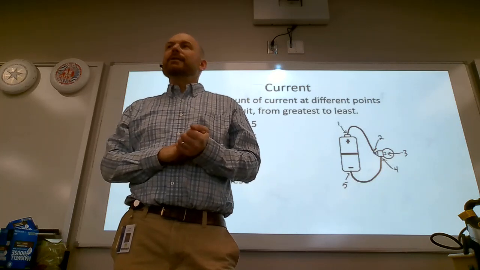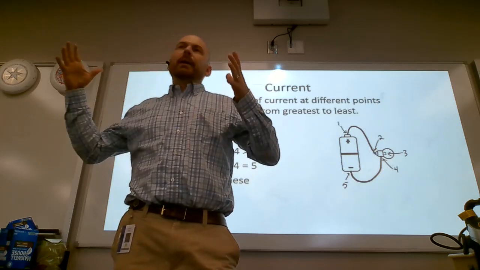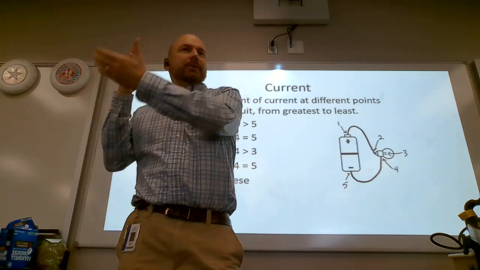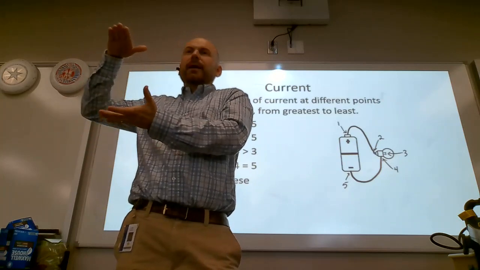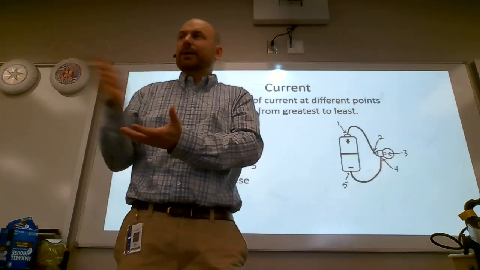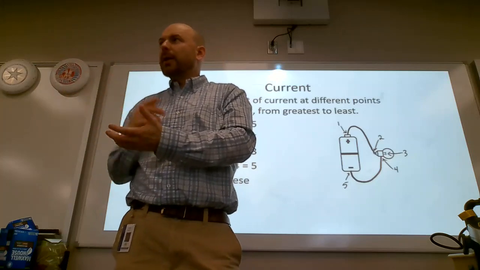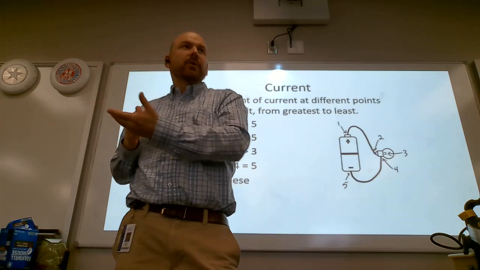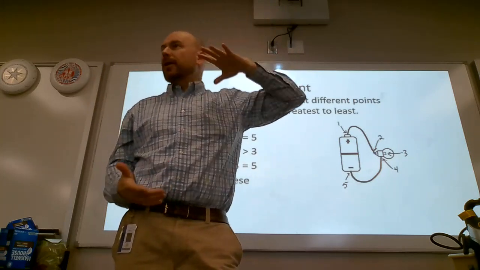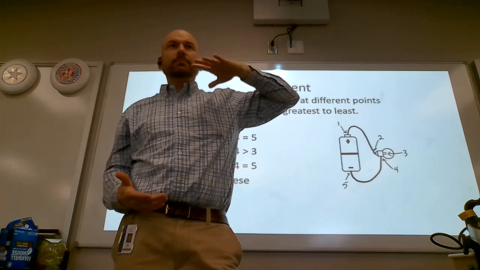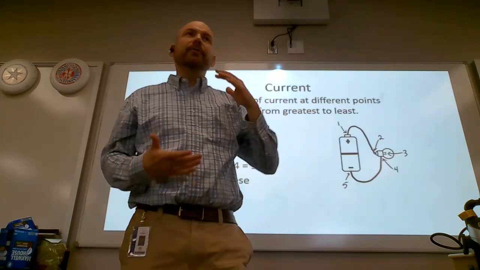So in order to get the same amount of water going by a certain point every second, in the shallow parts, there's not much room, and so the water has to be moving quickly to get that much water past that point every second. Versus the deep areas, that's when the river is going slow. But it's the same amount of current.